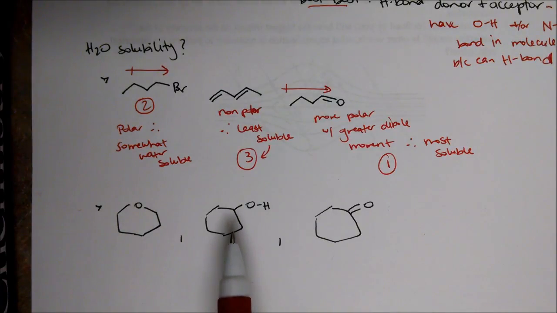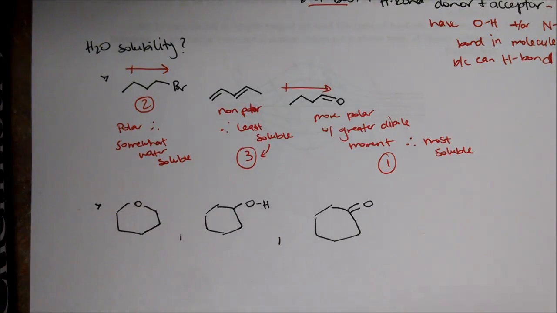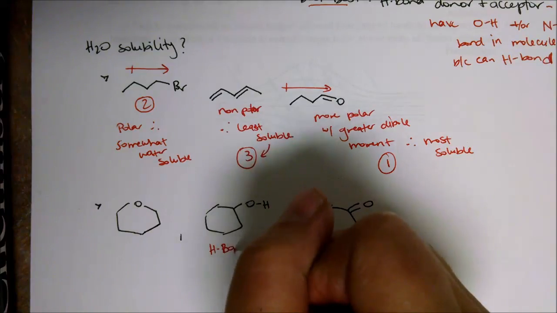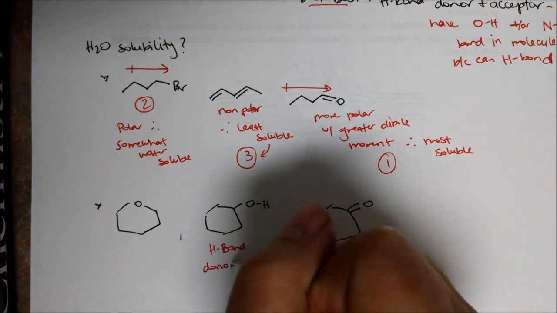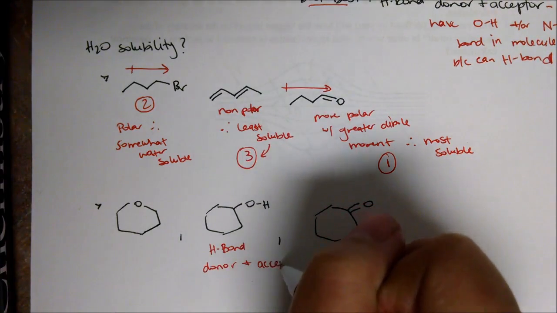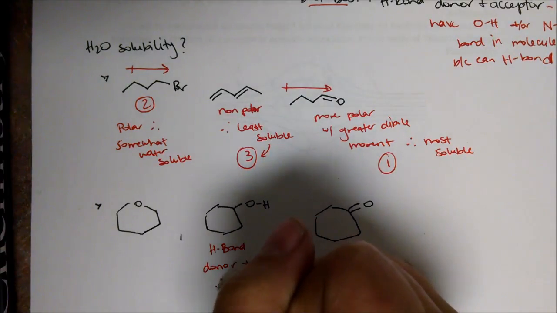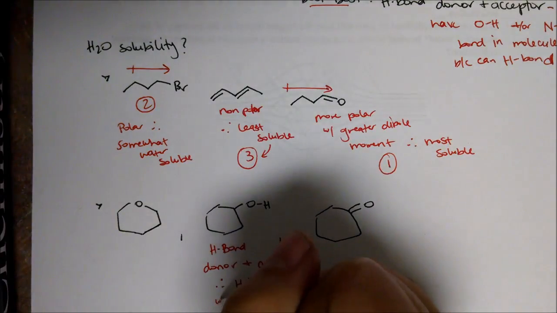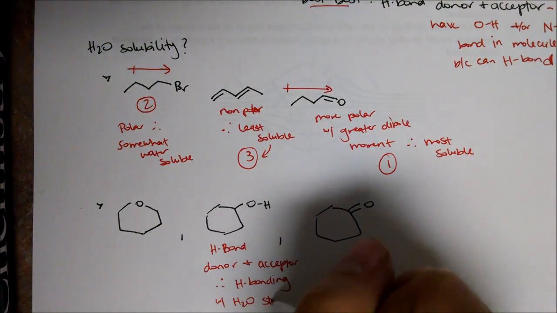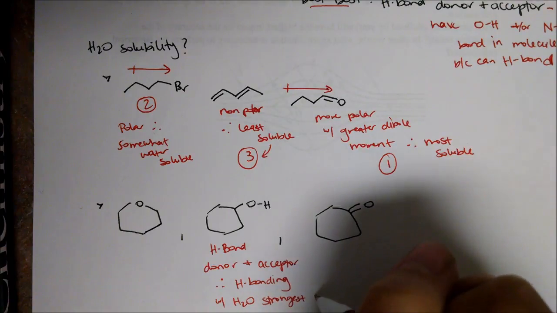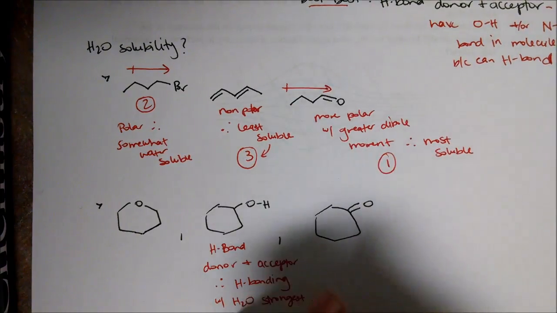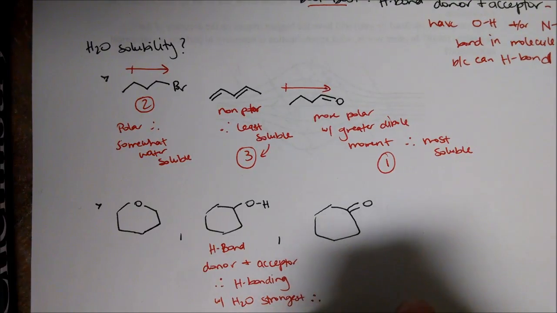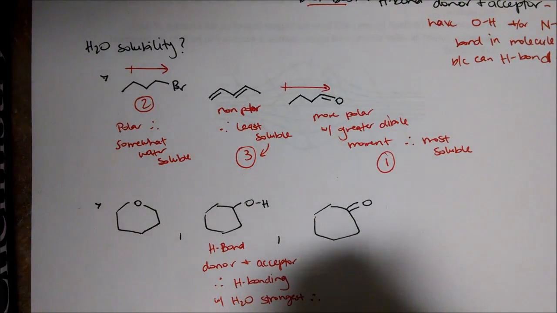But here, do you see this guy? We can fully integrate with the hydrogen bonding of water. Okay, so this guy has H bond donor and acceptor. Therefore, H bonding with H2O is strongest. Therefore, most soluble. Most soluble. Okay, so that was 3.